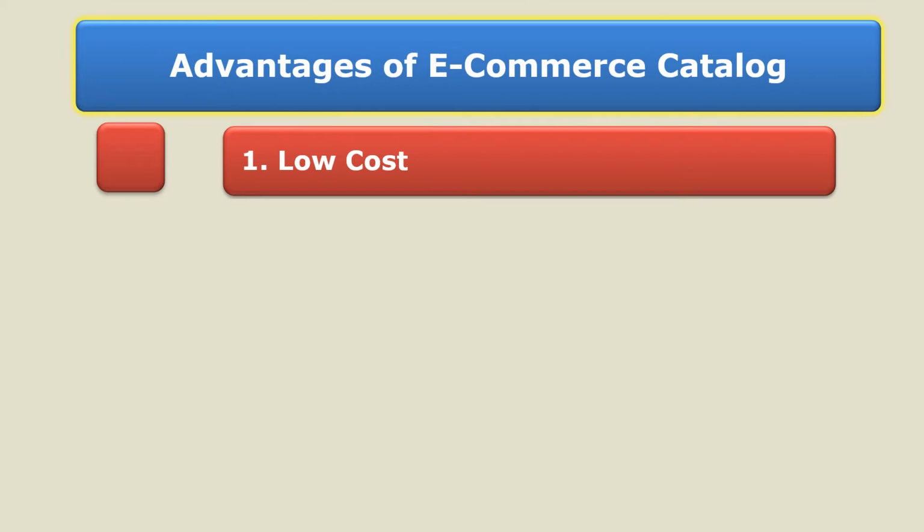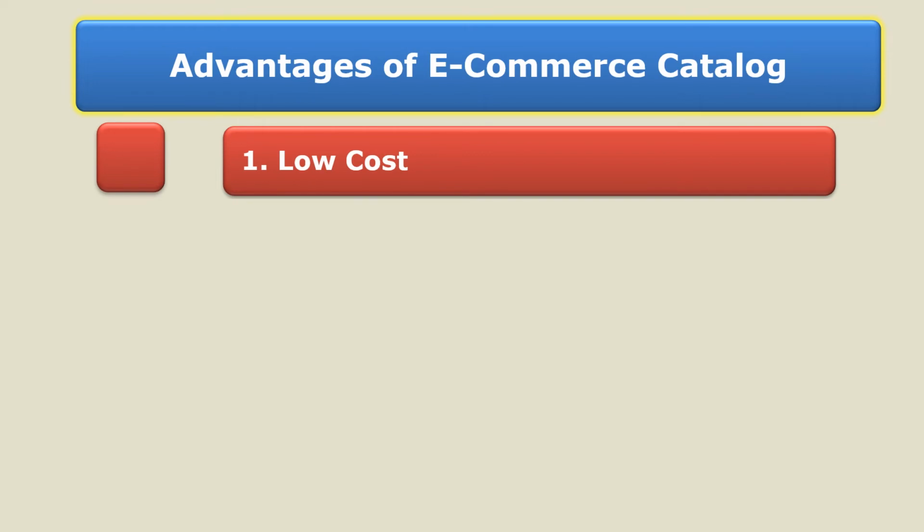The first and foremost advantage that we derive from e-commerce catalog is low cost. Earlier, business organizations used to prepare printed catalogs. That too, they were printed on costly glossy paper, very shiny paper. Such printed catalogs cost more because they have to make use of very good paper, glossy paper.